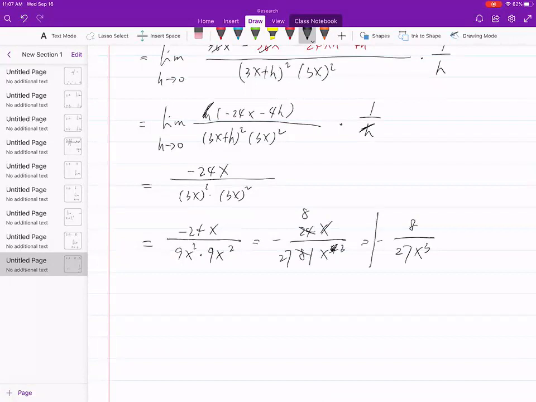So that will be the simplest answer in the end. Let's try that. Negative 8 divided by 27x cubed. That's the answer. Yeah, it worked.